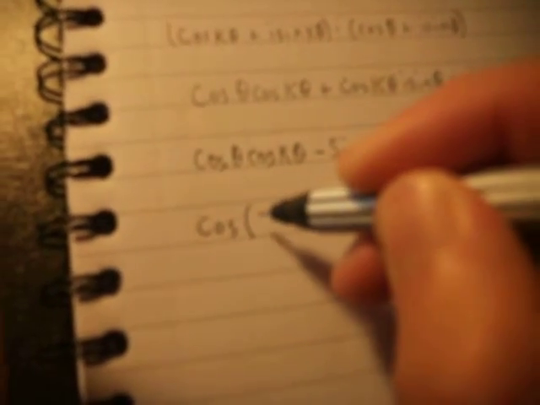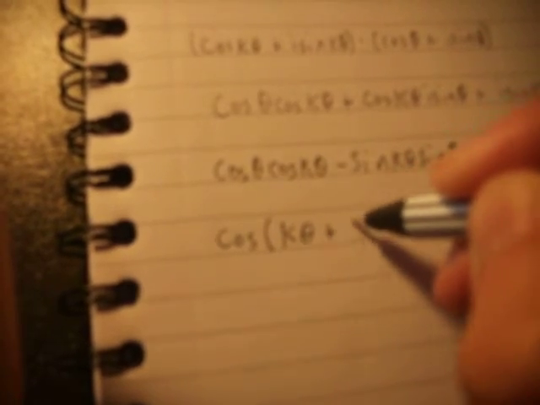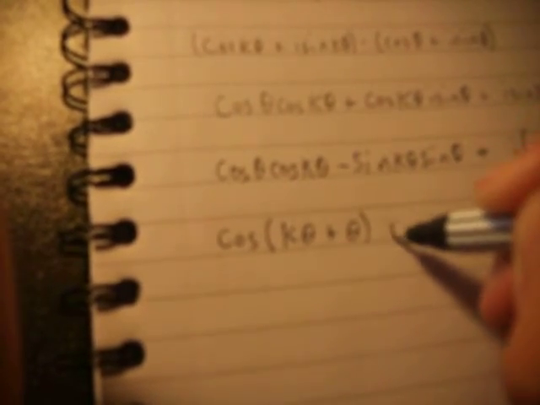So what we get here is cos of k theta plus theta, plus i, and this side here is the sine formula, so we get sine (a plus b) because it's a plus there.